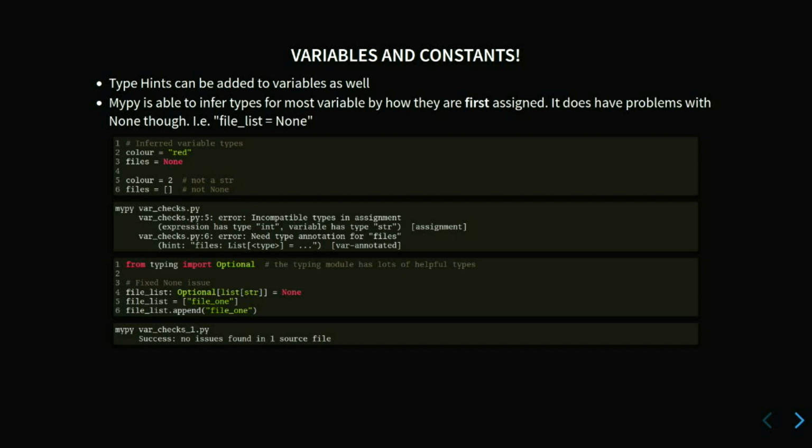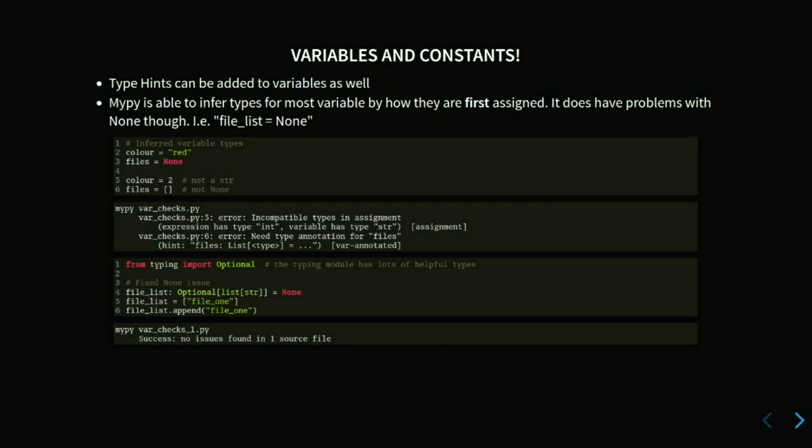MyPy infers the types when it sees them, as I kind of mentioned before. And in this little piece of code, I've changed the type on it. So when I run MyPy on it, even though there's no functions here at all, it's telling me again that these types have changed. So it gives it to me for free.